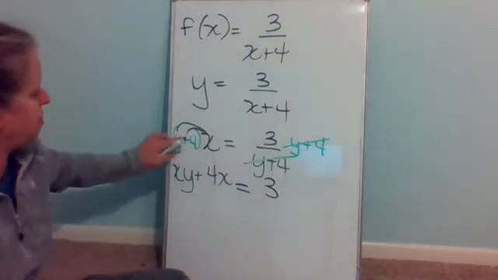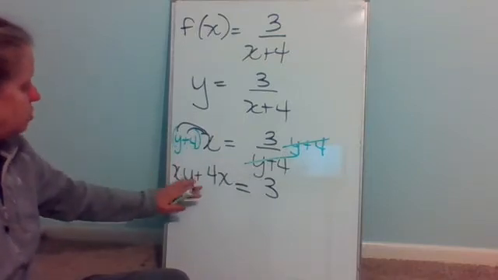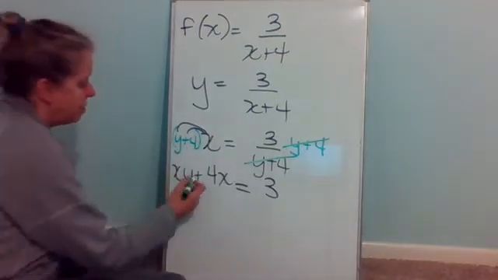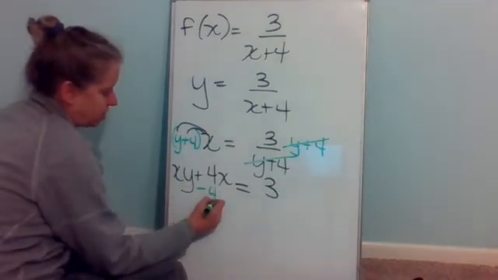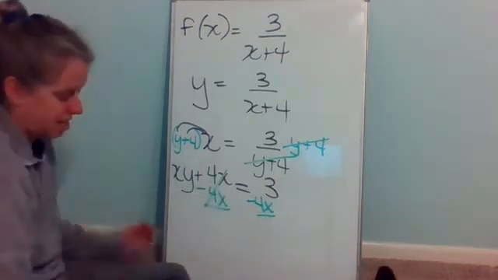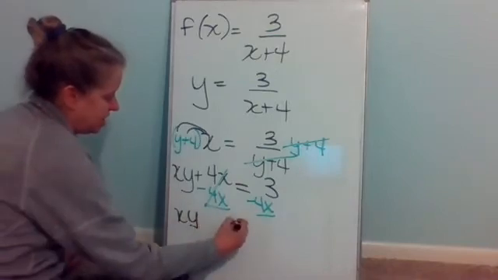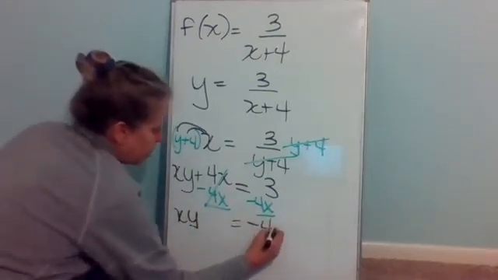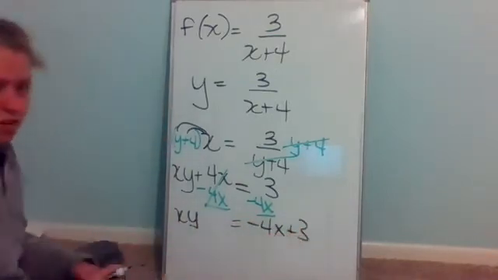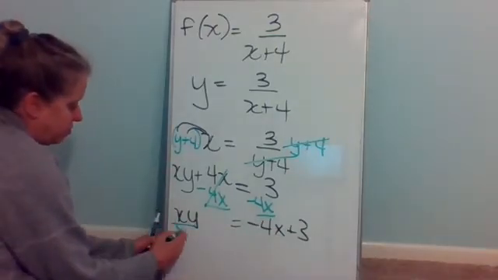So when you multiply both sides to get that y out of the denominator, it puts it up here, but you still have to get it by itself. But now I know how to do that. I just need to subtract the 4x from both sides. So that gets rid of the 4x. So now I just have xy equals negative 4x plus 3. Now, to get this y by itself, you need to remove that x.